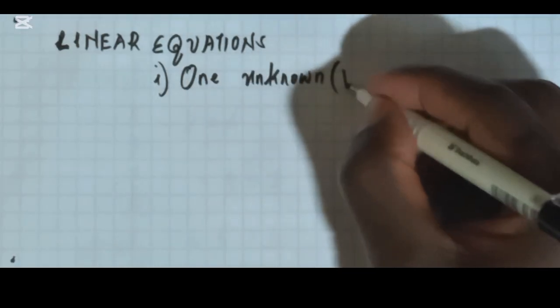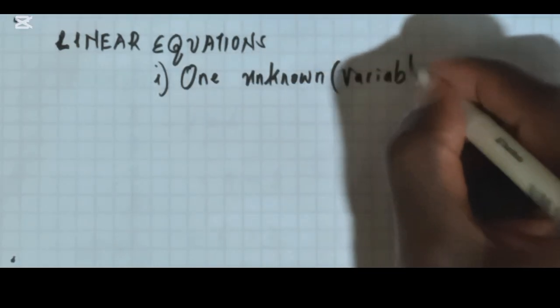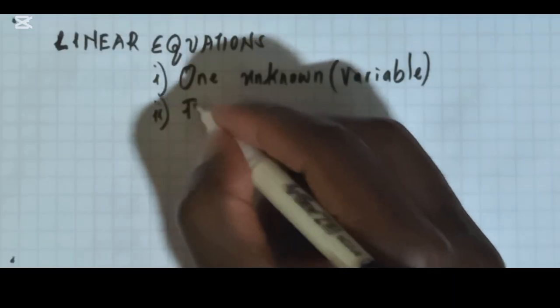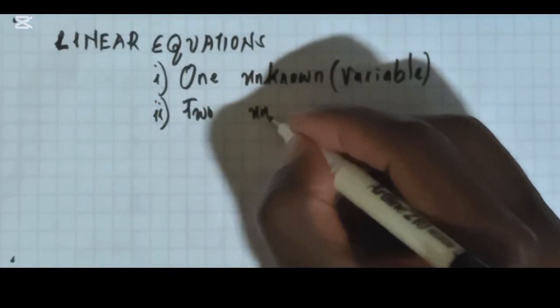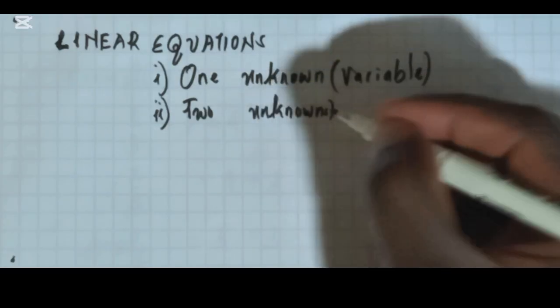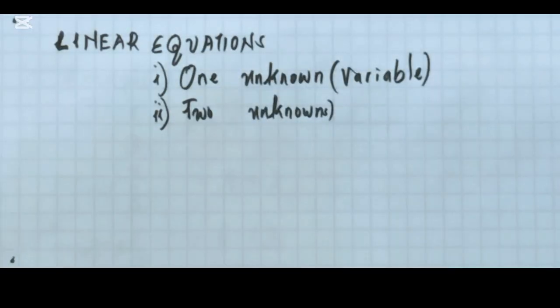One unknown or variable, or can be represented at times using two unknowns. Awesome. So linear equations sometimes, as I've said, can be represented using just one unknown and sometimes using two unknowns. And so in this particular class, we'll be focusing on these two different scenarios separately.